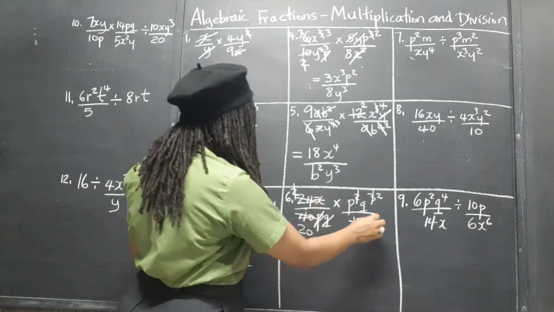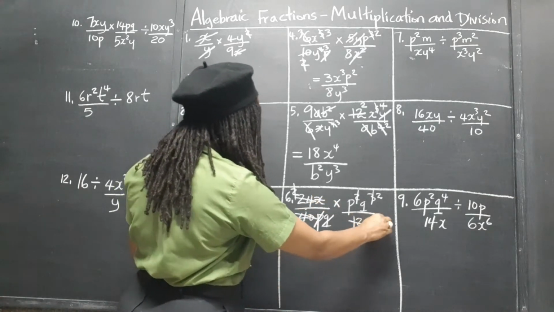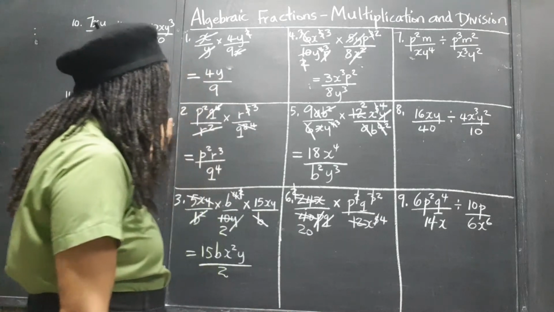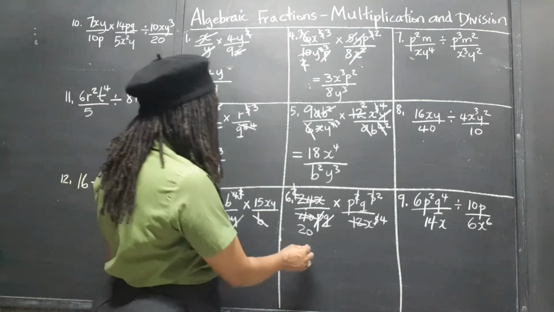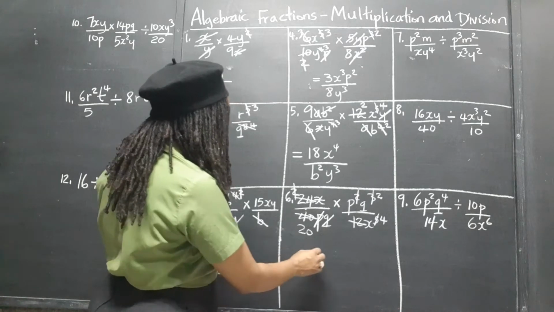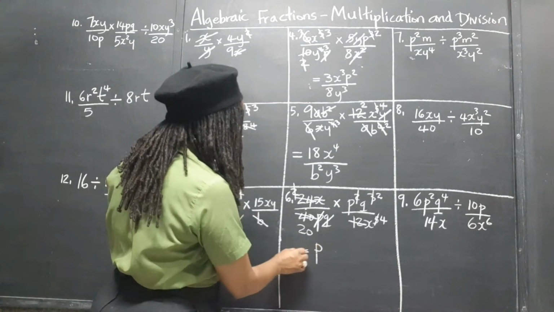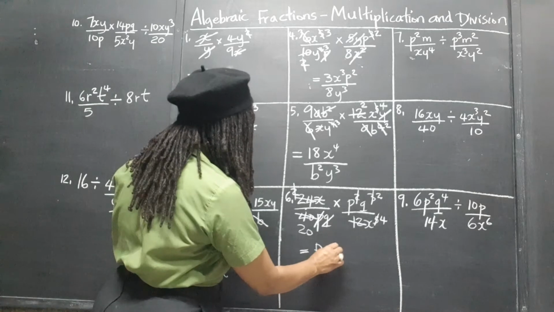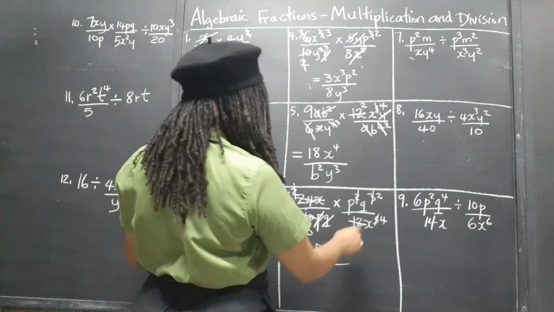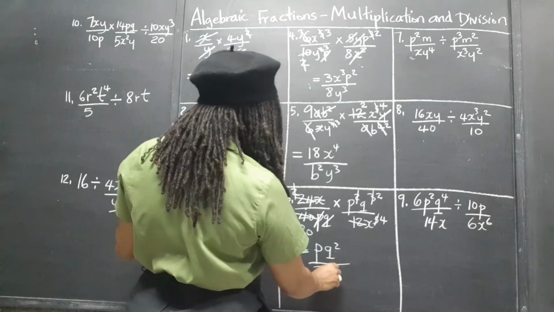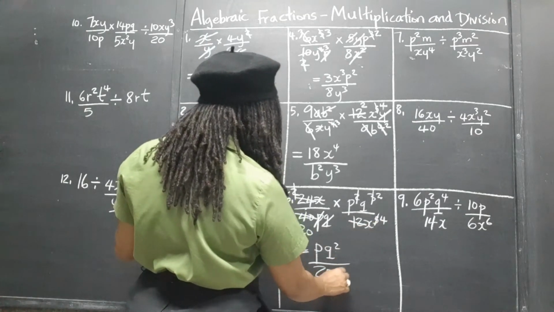This x will take 1 out of the x to the 5th, leaving x to the 4th power. So finally, we have, in the numerator, p q squared, and in the denominator, 20 and x to the 4th.